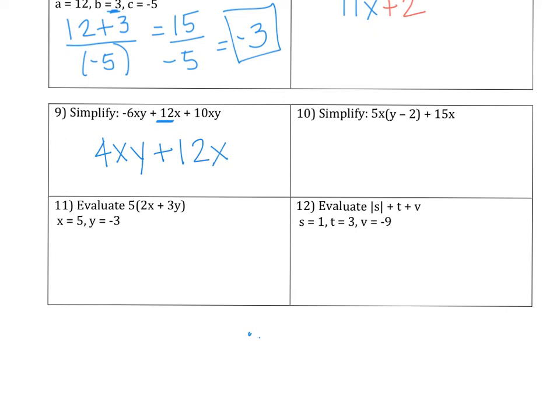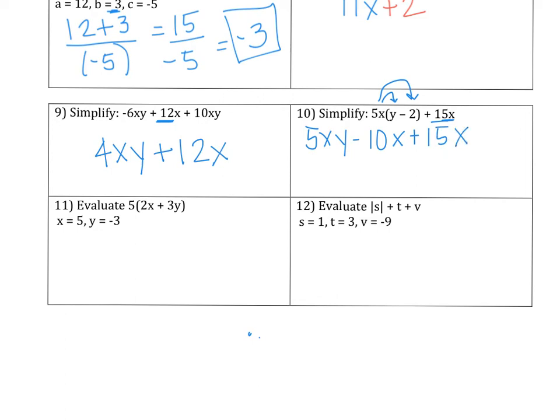Number 10, simplify this equation. The first thing I need to do is to distribute. So I have 5xy, and I'm going to distribute this one. And that is going to be minus 10x. And then I attach this plus 15x.